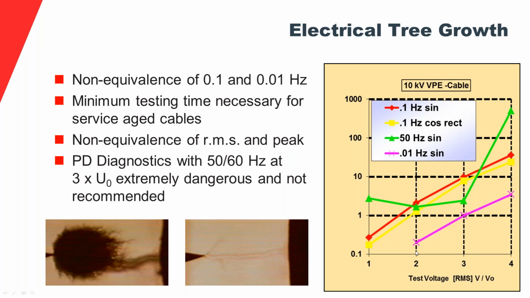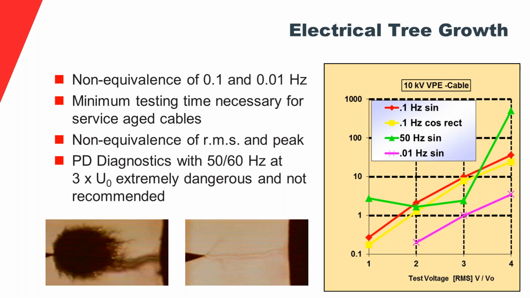So another thing that is hidden in this diagram, see, it's a very potent diagram, is the non-equivalence between RMS values and peak values. And that ties into this thing between IEEE versus IEC, because the IEEE values are outlined around peak values. Pretty much they say peak is equivalent to RMS.